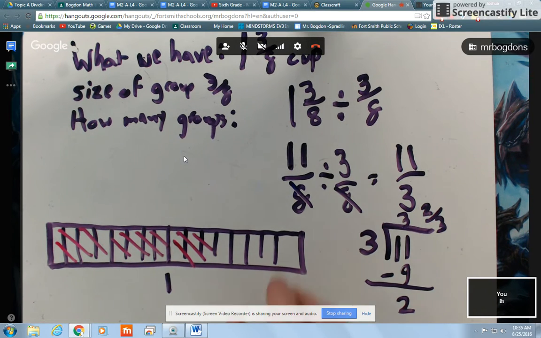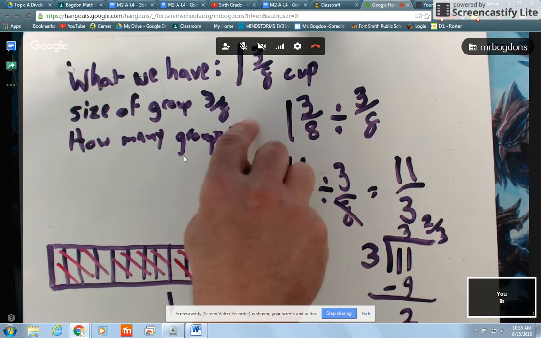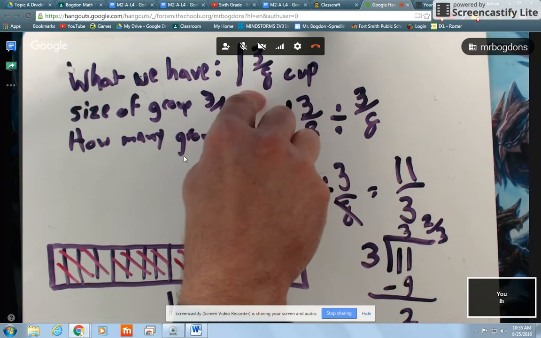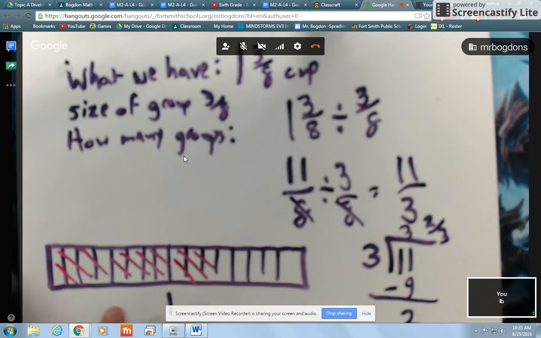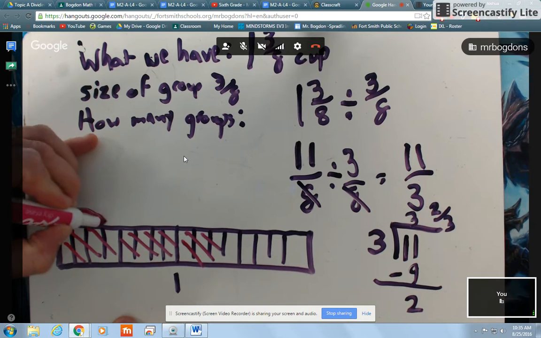Okay. Dividing with fractions, I'm finding out how many groups of my divisor are in the dividend. So if the size of my divisor is 3/8, I need to count by how many eighths? 3. So everyone get your counting fingers ready. Here's 1, 2, 3.